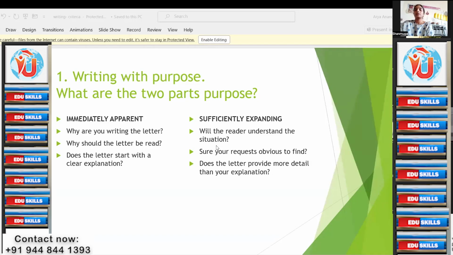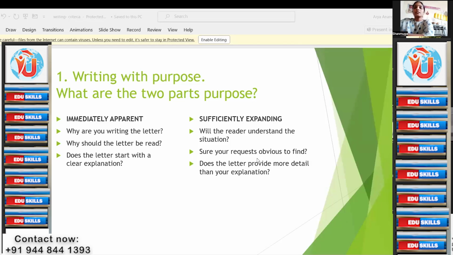What is all the information that the reader needs to give proper care? That is sufficiently expanding in your case note. In the second paragraph, you are going to expand your purpose in the case note.